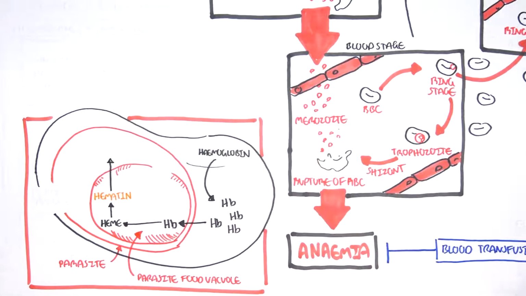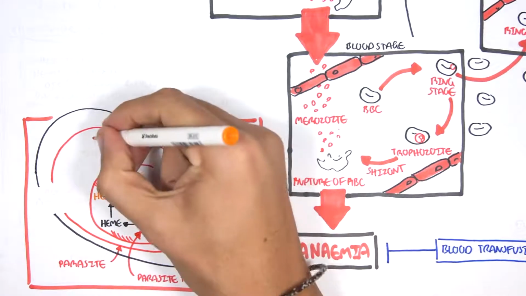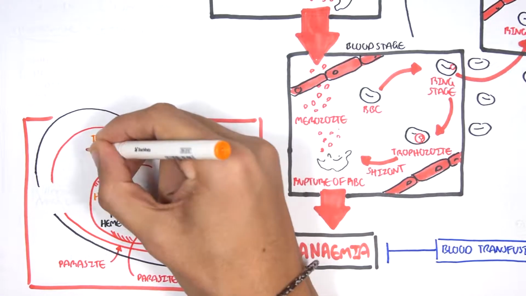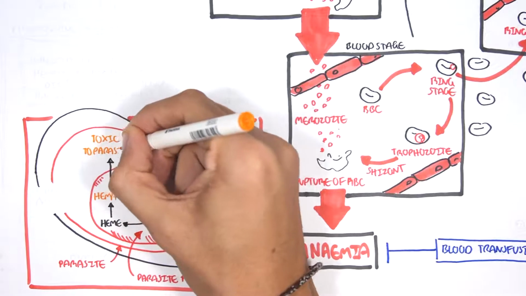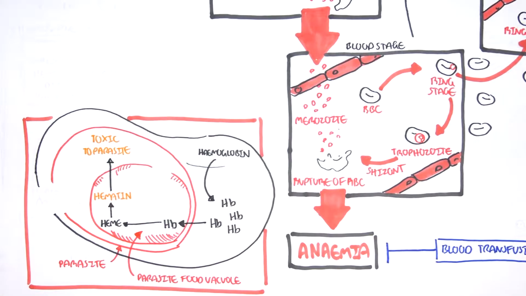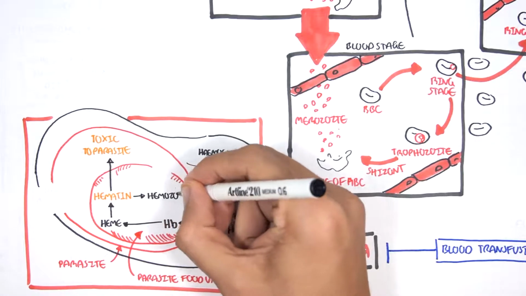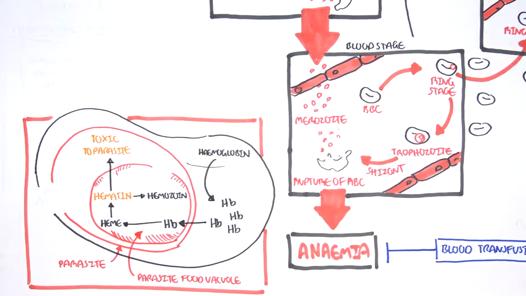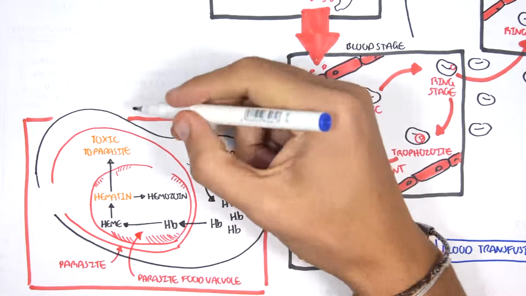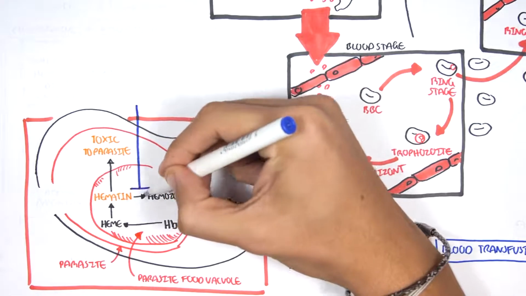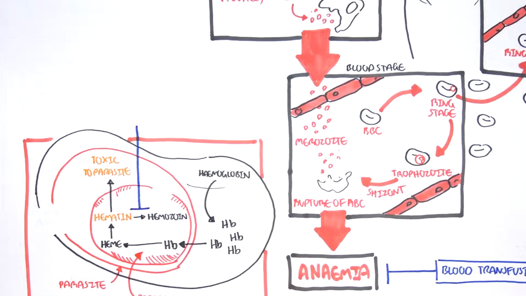Now, hematin is actually a dangerous chemical, so hematin is toxic to the parasite. So what the parasite does is that it converts hematin into a non-toxic form called hemozoin. So now, the drugs under quinolones actually target this conversion from hematin, which is toxic to the parasite, to hemozoin.